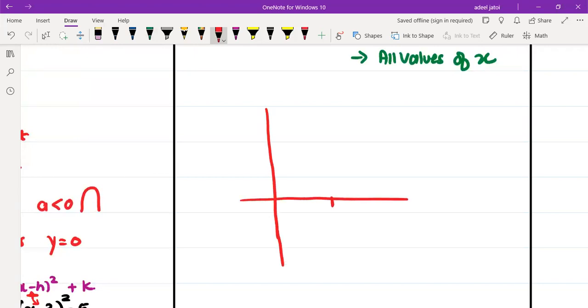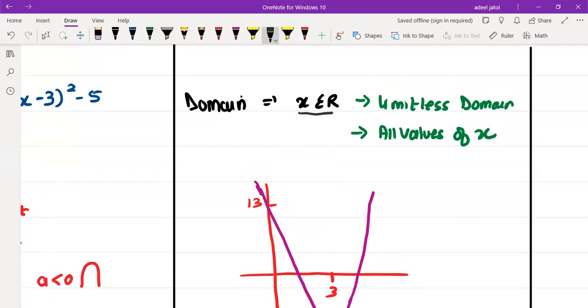Now, knowing that your graph was like this, making it a little shorter this time, minus 5, this was 13. And your graph had y-intercept 13. It came down to 3 and minus 5, and obviously it went back up again. So what does x is an element of all the real numbers mean?